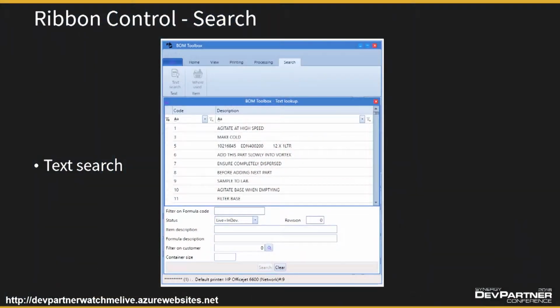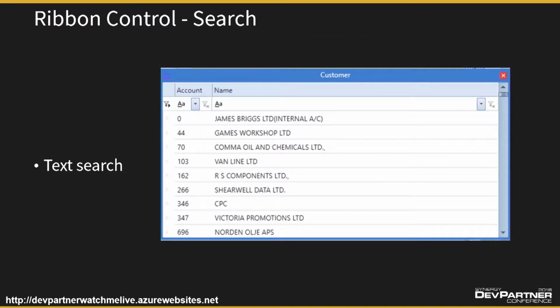Because there may be some change to the production for aggregating the base when emptying that you need to then go and find all the bills that use that for a particular customer, because the customer's requested that you don't want to aggregate the base when emptying. You want to do something else with it. So it's a very powerful search.